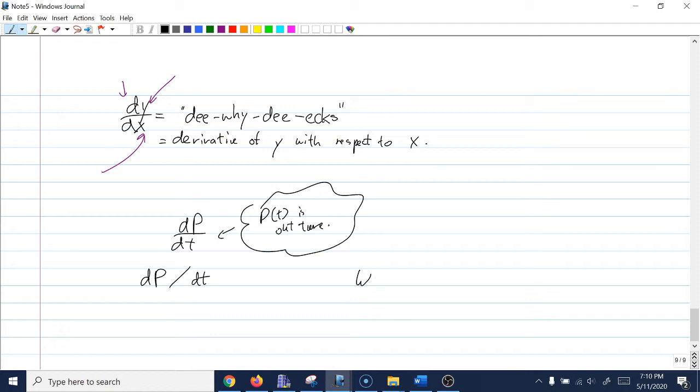We may think of it as, sometimes we'll pull the y off of the fraction and write it as d dx y.